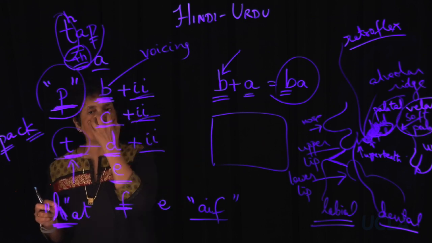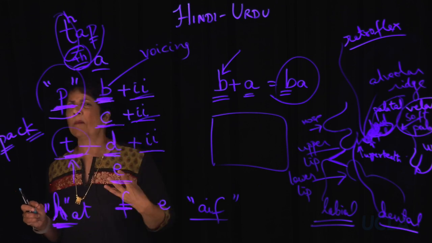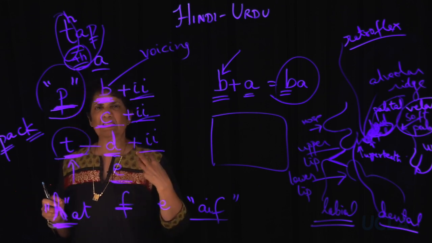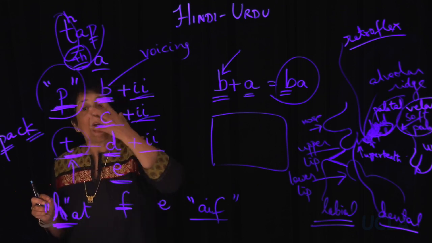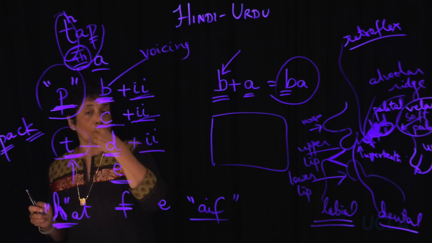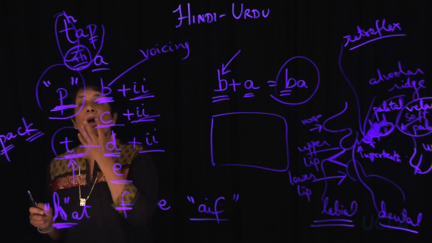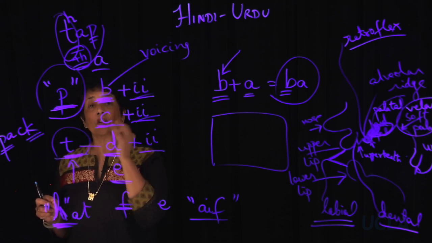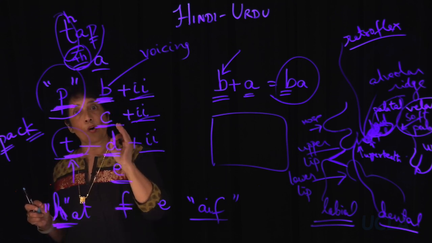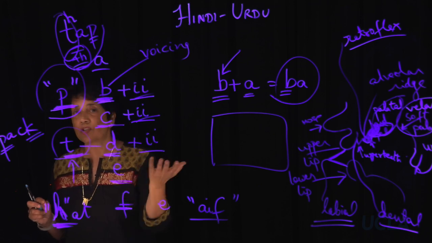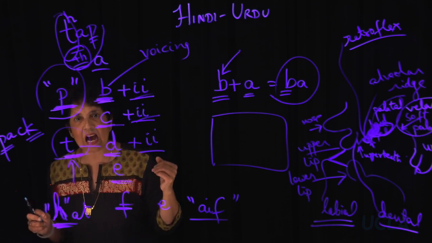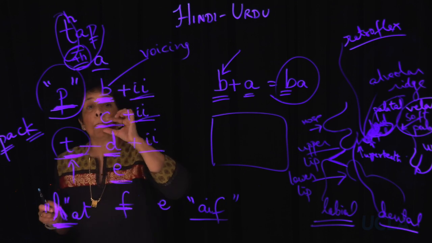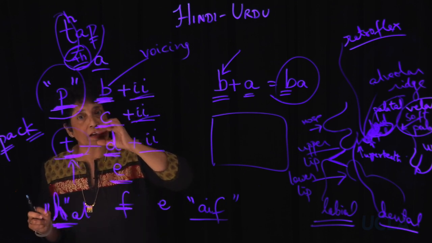It enters the nasal cavity, gives you some resonance, and then air continues to escape through the nose. But in the oral cavity, there is total blockage of the airflow at the alveolar ridge in English, and you get n, right? Or ma, blocking it at the lips.